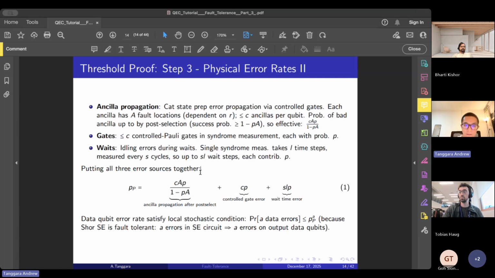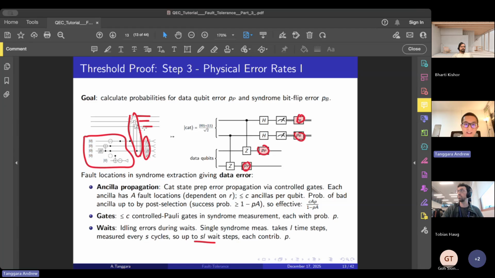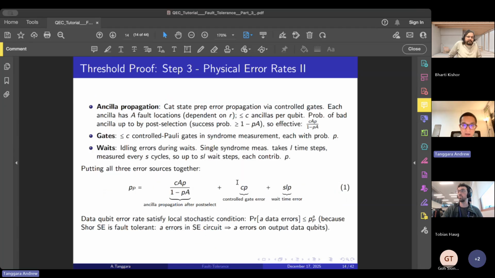So we get this first term, and then we have fewer than C controlled Pauli gates, because the number of gates depends on the weight of the stabilizer you're measuring. So it's bounded by CP. A single syndrome measurement has L time steps, but we only do that every S cycles because we further partition these blocks. So the wait time error is SLP.